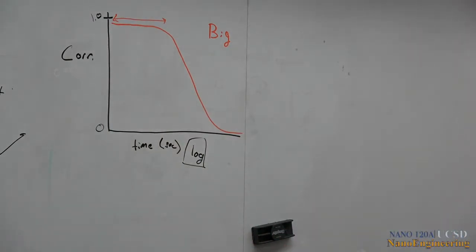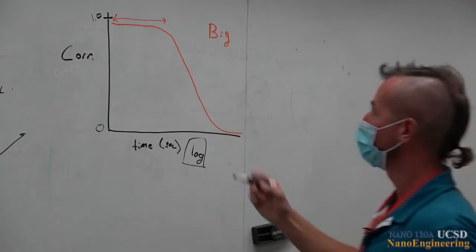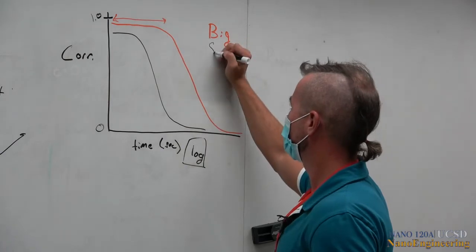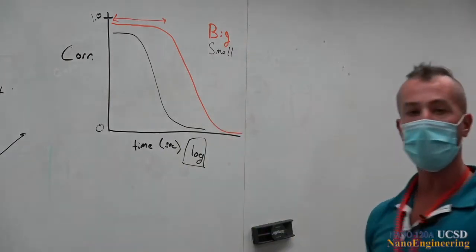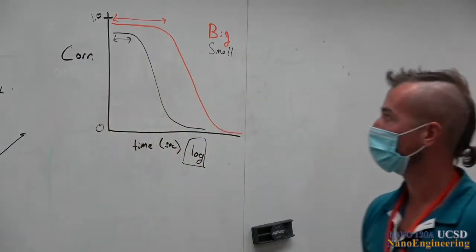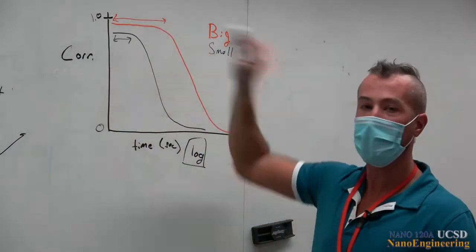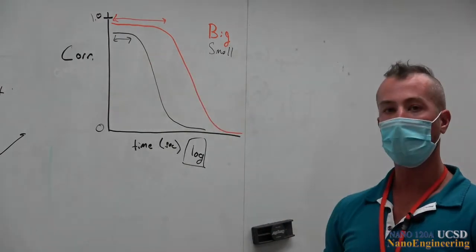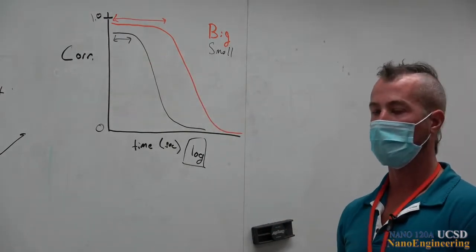So that's what a big particle would look like, relative to a small particle. So this is a key metric, right? How long does our particle remain correlated?